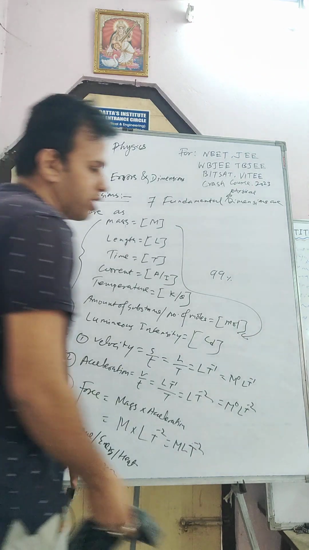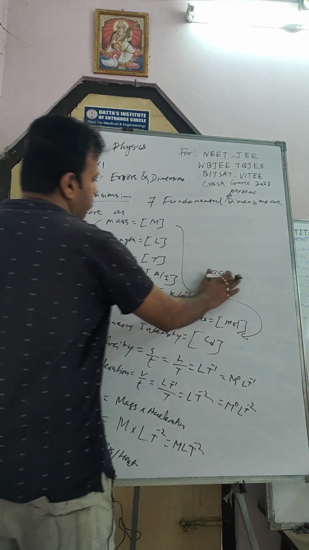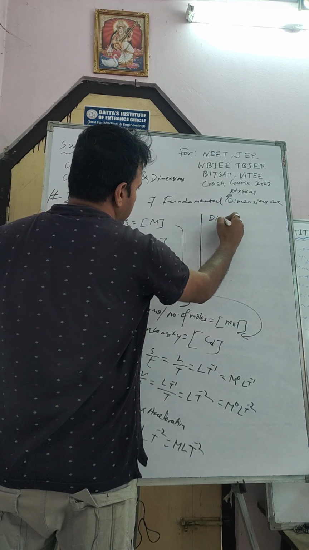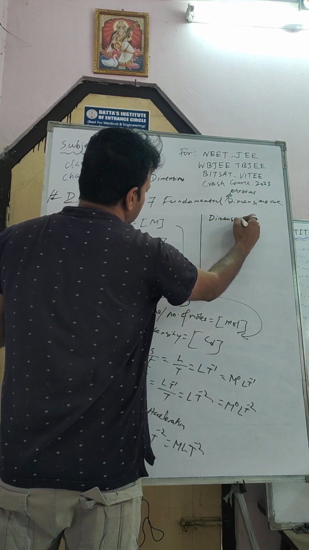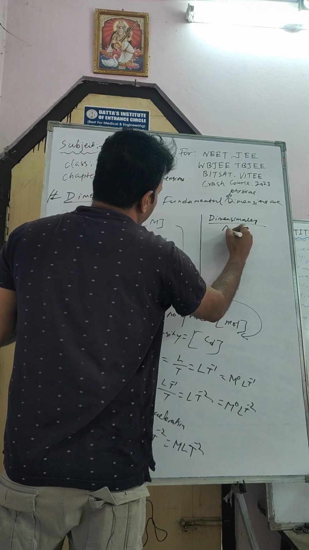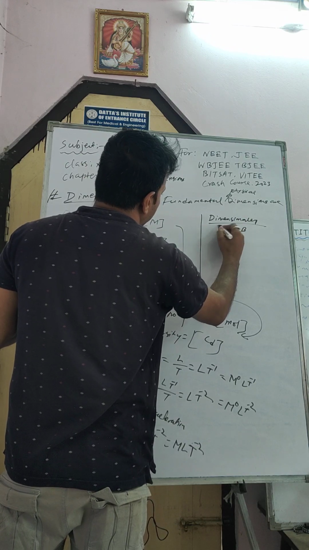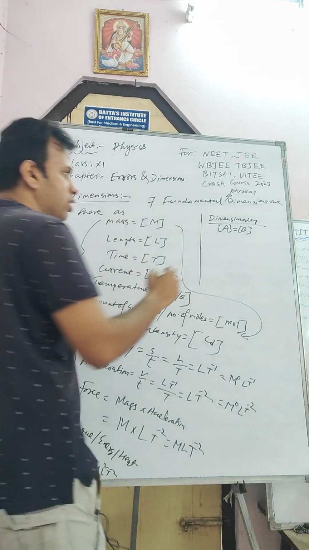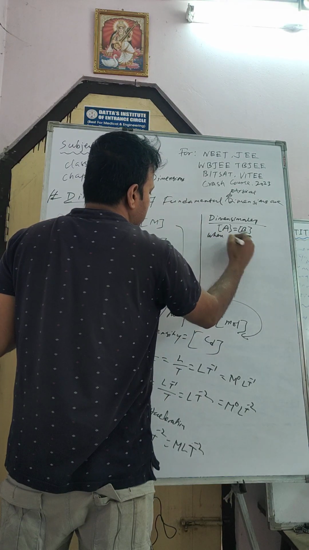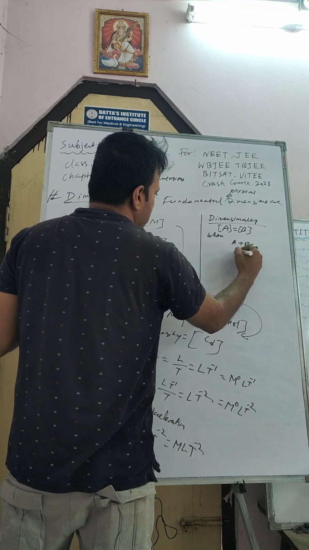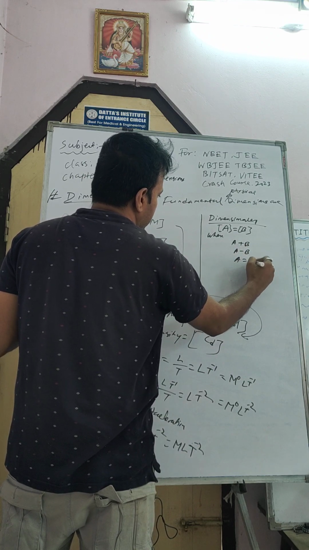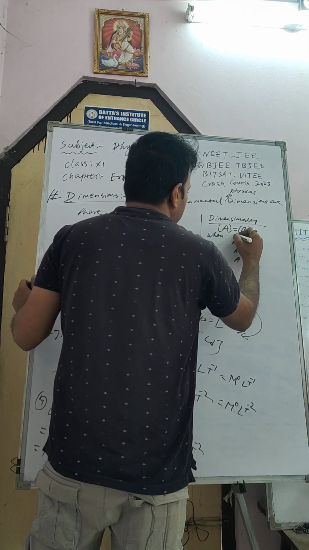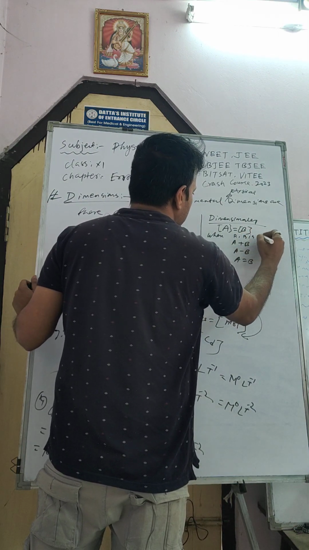Another thing in the physical dimension I write here. Dimensionally, A and B will be equal when A plus B, A minus B or A equal to B is given in the form.